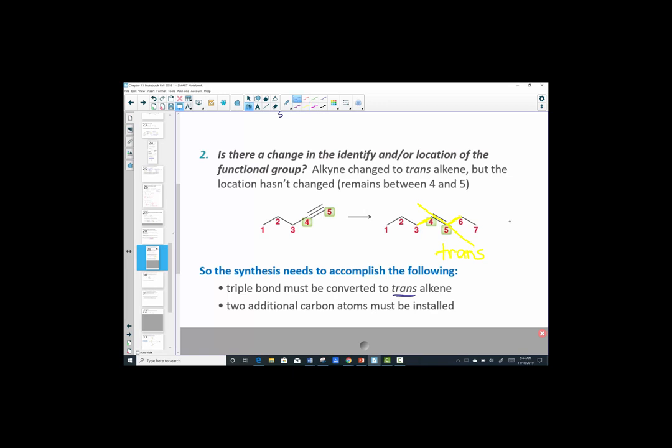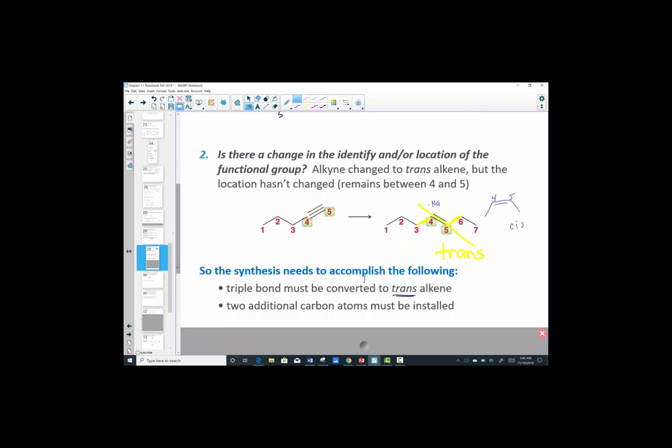Had it been a cis, we'd end up with a carbon skeleton that looked like this at position 4 and 5. I remember learning that there are two very different reagents to produce a cis alkene. We called those poisoned catalysts, like a Lindlar's. Or if we're producing a trans, I remember the reagent had elemental sodium and an ammonia workup. So we had to think about the configuration of this double bond as well.